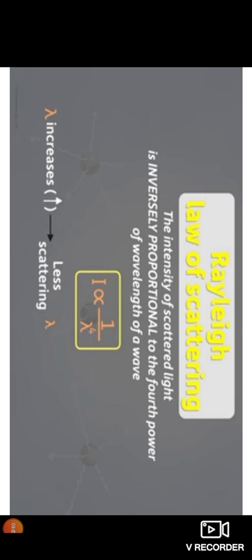Inversely proportional means if the wavelength is more, scattering would be less. So if the wavelength is more, scattering would be less. If the wavelength is less, then scattering would be more.